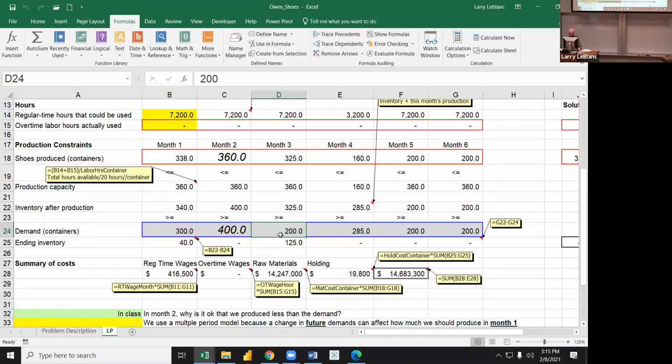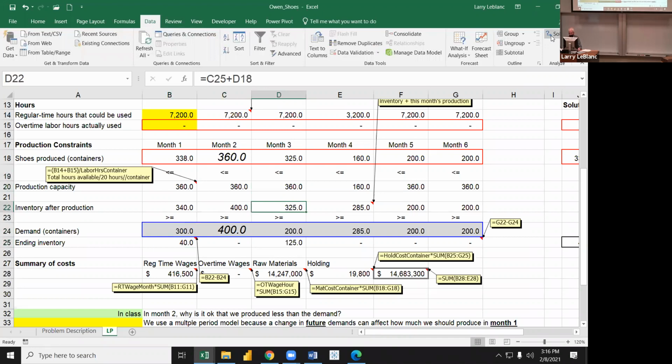We need 200. Let me check that. 300 plus 40, 360 plus 40, inventory is 0. 360 is produced. We need 325. No, 360 is produced. We have 325. Let me run the solver again.